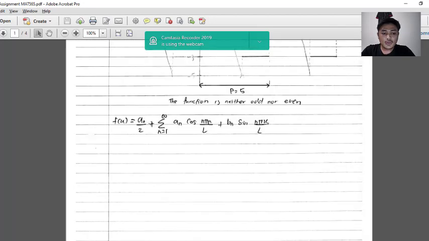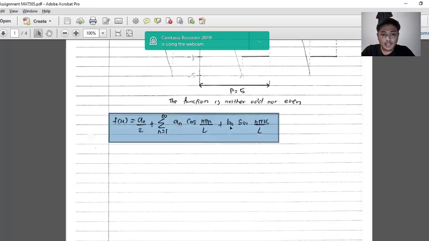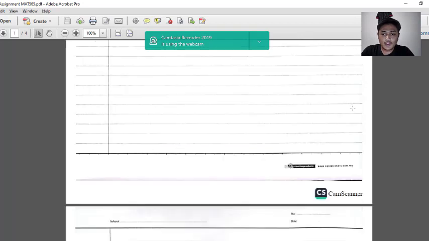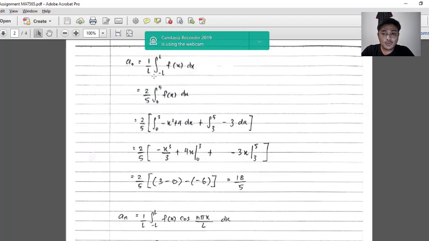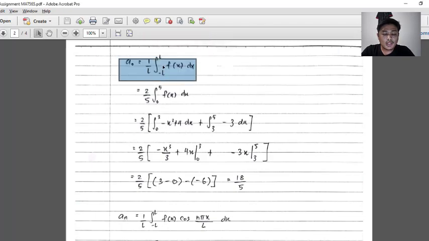So we need to find all the 3 unknowns in this equation, which are a0, an, and also bn, and we need to complete this equation at the final of the answer. So for the a0, we use the equation 1/L, integrate -L until L of the function.